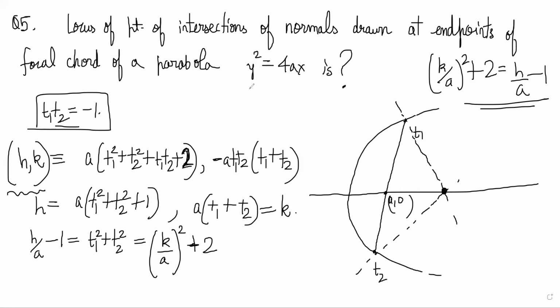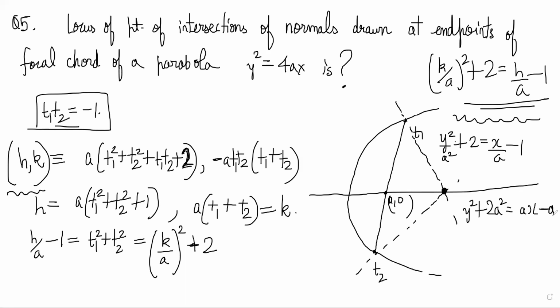So you'll get the locus then. Put x and y now, and you get y square by a square plus 2 is equal to x by a minus 1. So y square plus 2a square is equal to ax minus a square.